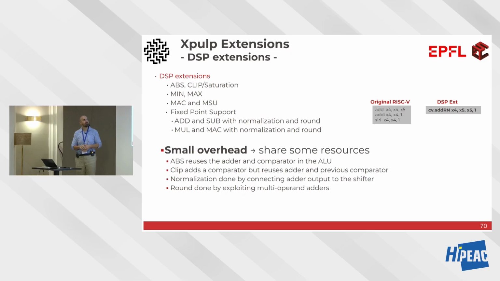This is what add R and N means, for example. Or you round without normalizing, or you normalize without the rounding, and so on and so forth. And this is done for addition, subtractions, obviously comparison is not needed, it's the same as the integer one, multiplications, and that's it, division is not done.